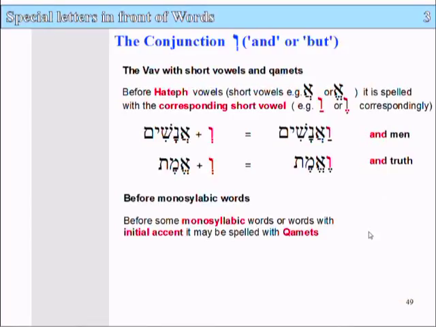Now, before some monosyllabic words or words with initial accent, it may be spelled with kamets. So the word tzon, we add a vav to it. It becomes va-tzon. Tzon means sheep, and va-tzon means and sheep.